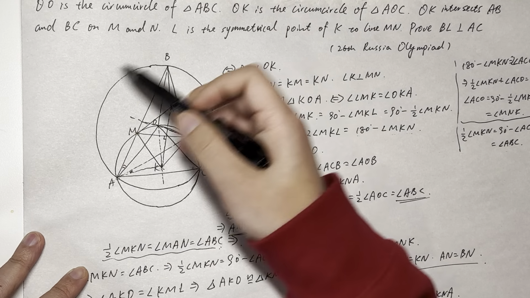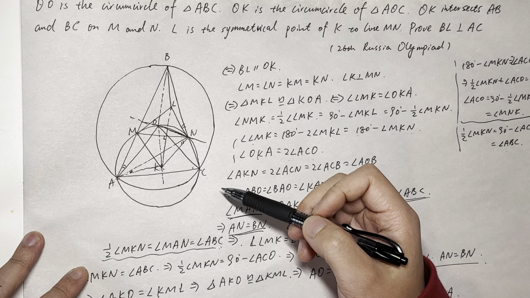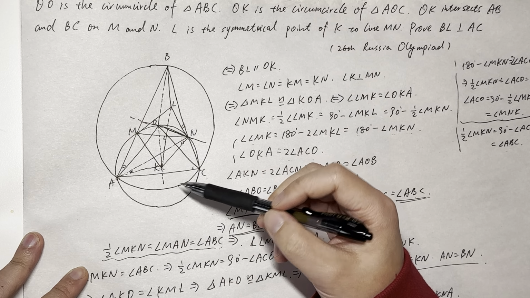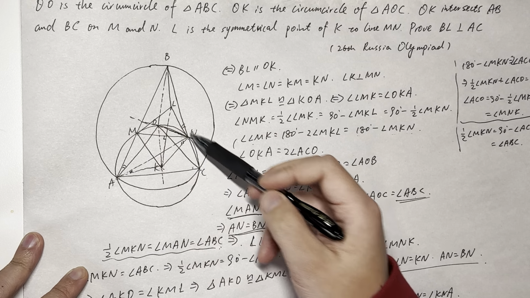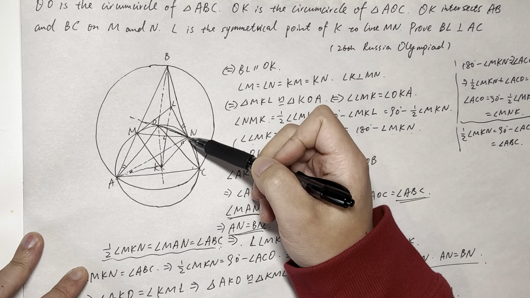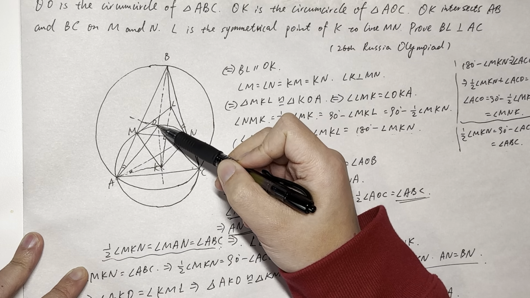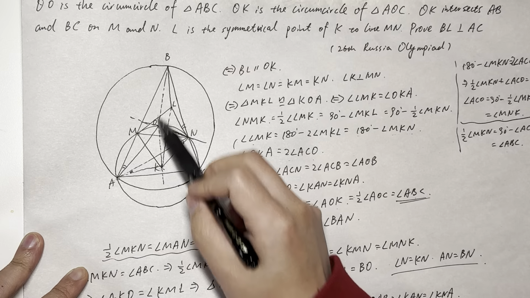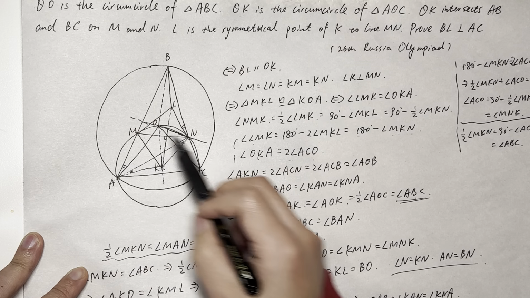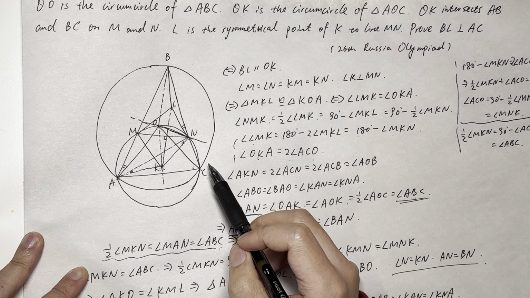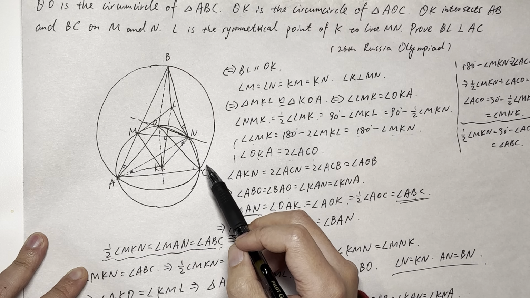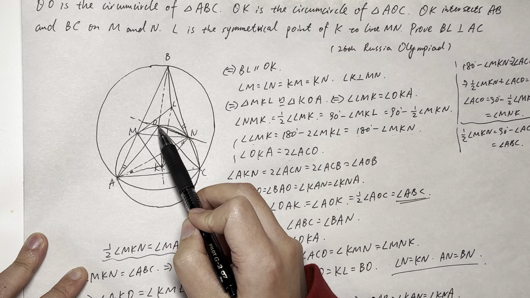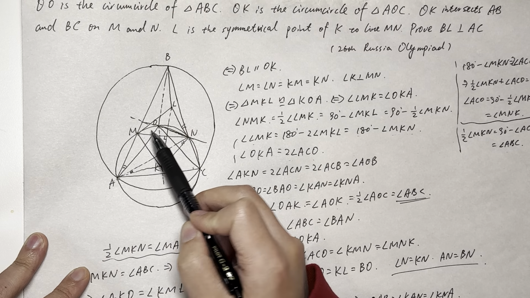Because we can first draw the circumcircle of triangle ABC, and then we find the circumcircle of triangle AOC. So when we connect O and N, because AN equals BN and OB equals OA, we know that ON is actually the perpendicular bisector of segment AB. Similarly, MO would be the perpendicular bisector of segment BC.